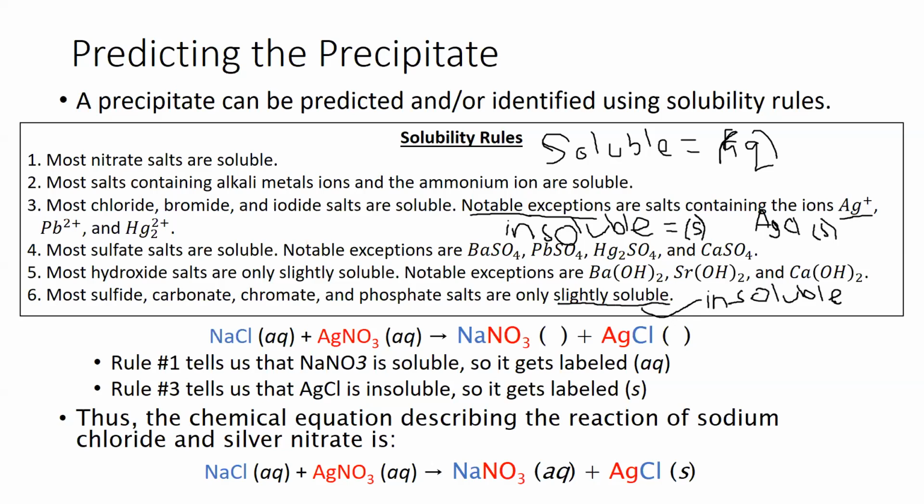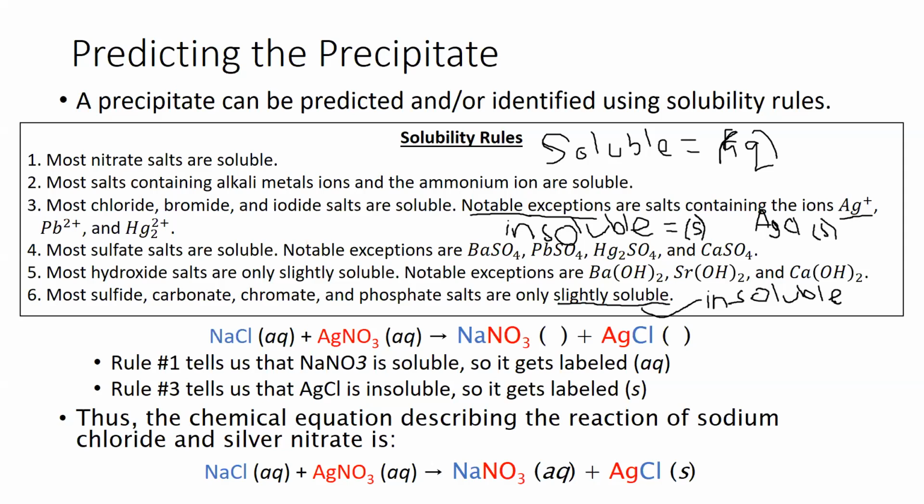And so this is really just from a qualitative standpoint. These are all qualitative rules for determining the precipitate in a reaction. All of these salts have some measure of solubility. Even if that solubility is very, very low, they all have some measure. Now, that's something, again, you'll explore more in a Chem 102 class if you go on to 102.